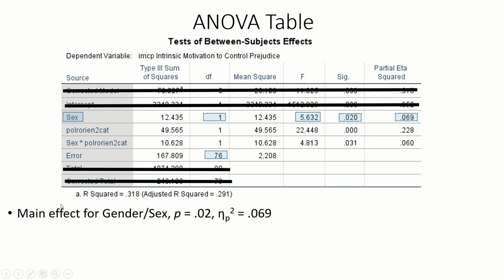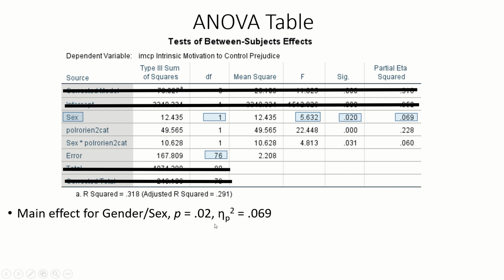So our sig value for the main effect of gender/sex here is p equals 0.02. Right, so do we have a significant main effect of gender here? Our p-value is 0.02, which is less than or equal to our threshold of 0.05. So we do have a significant main effect of gender.